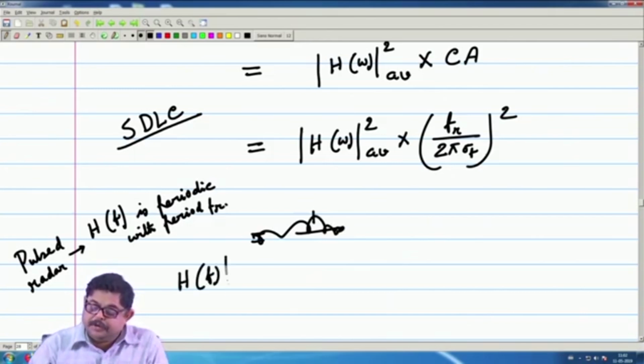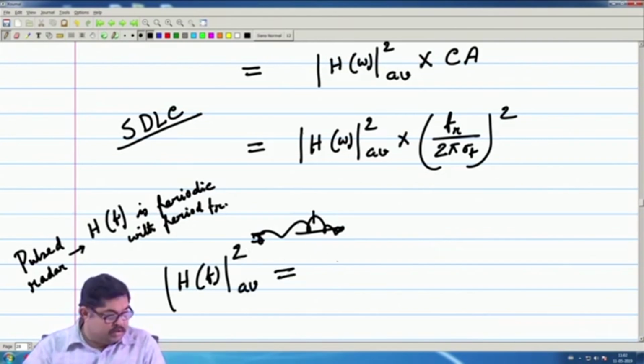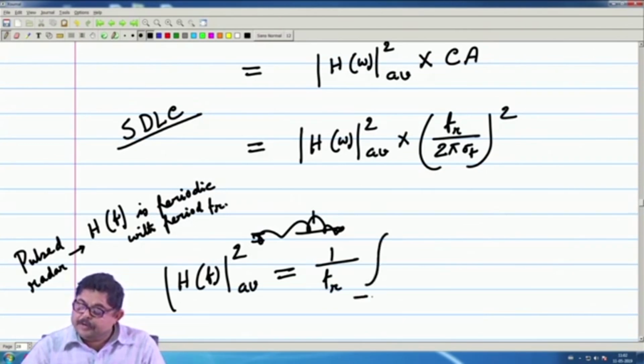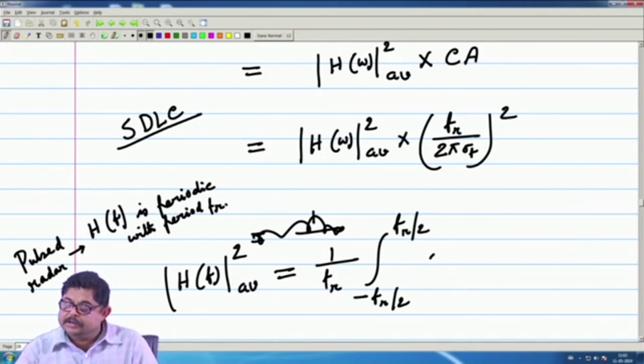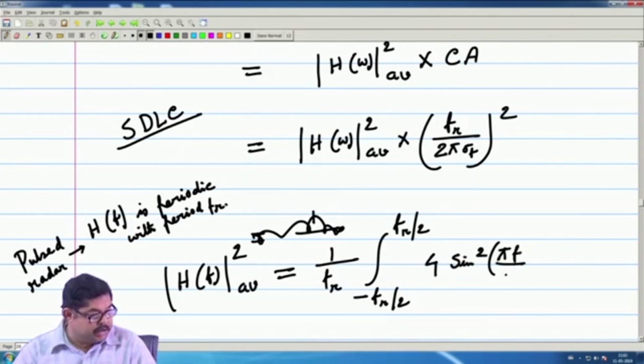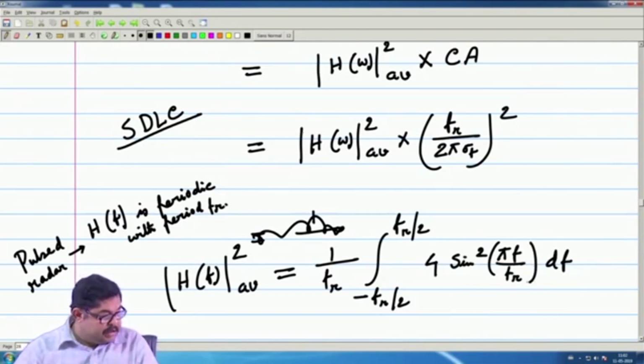H f square average will be 1 by f r, integral from minus f r by 2 to plus f r by 2, and for a single DLC I know the expression sin square pi f by f r, d f. So, this is the average.